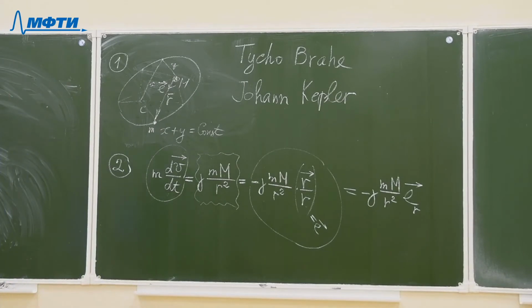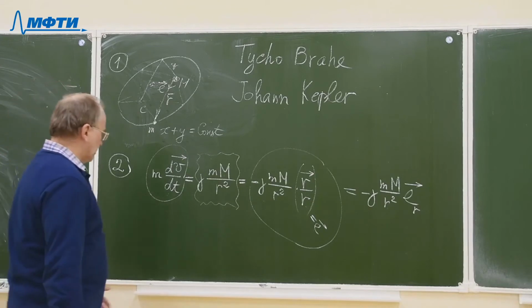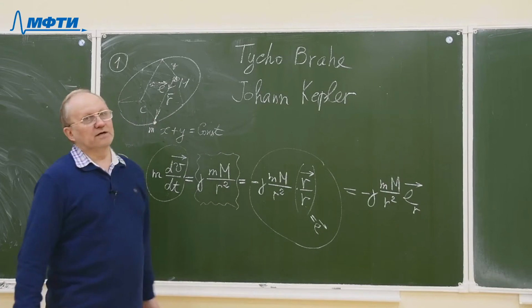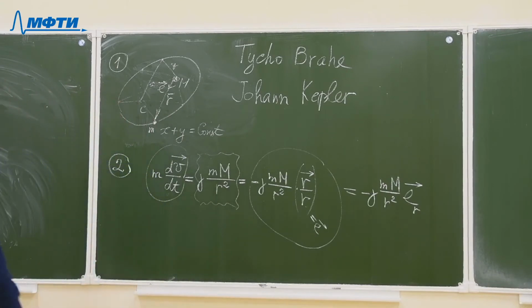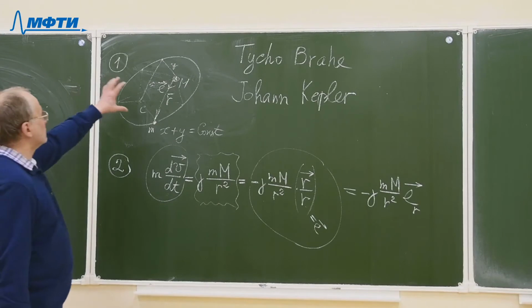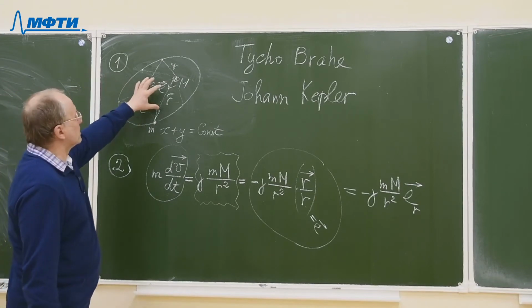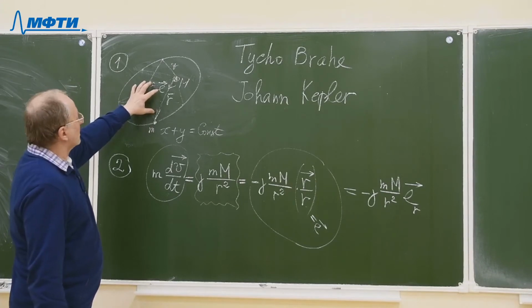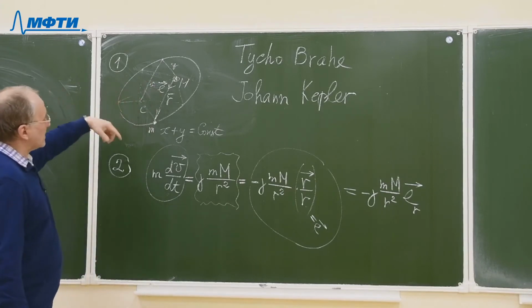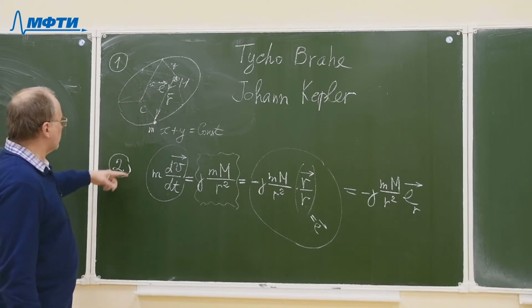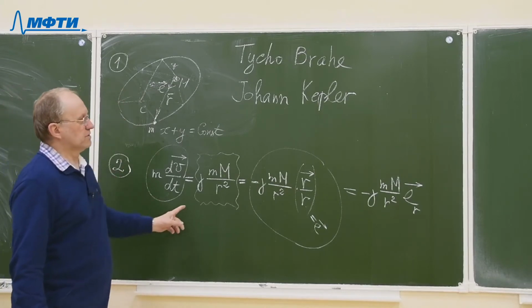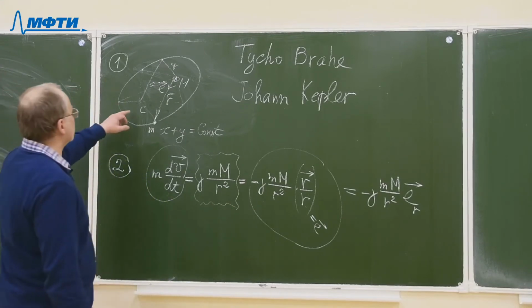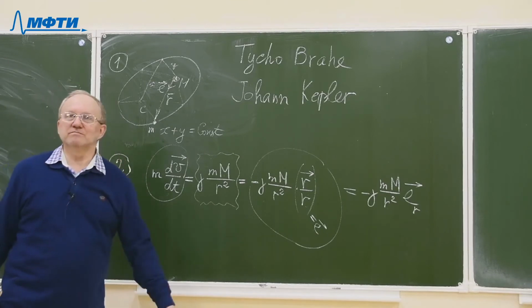A huge science of calculus was developed by Newton in order to solve this problem of motion of celestial bodies. So the first Kepler's law was derived by Newton from his law of universal gravitation. The first Kepler's law was explained by Newton.